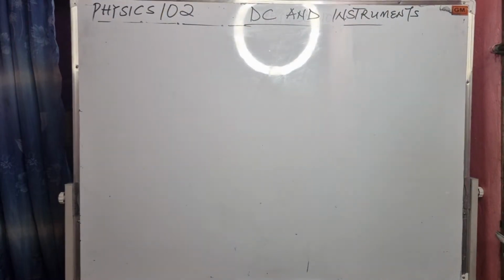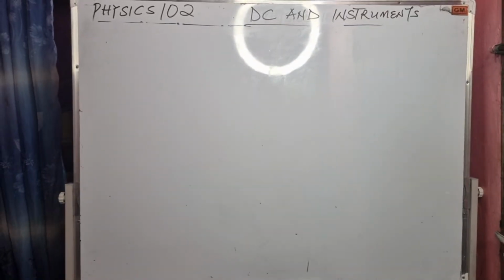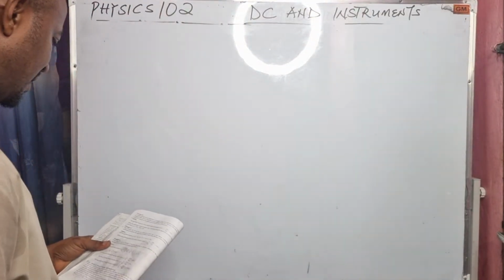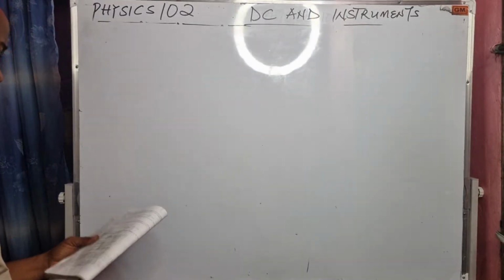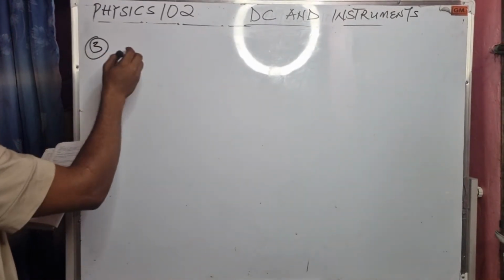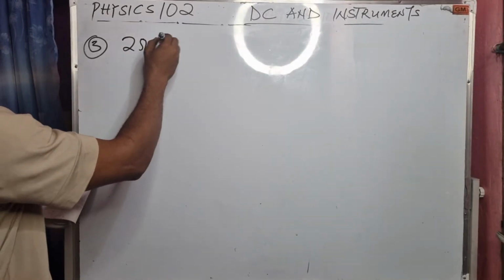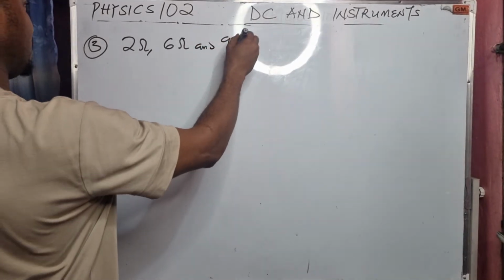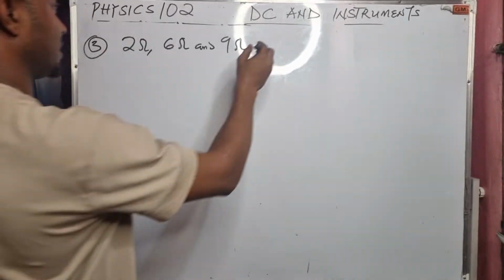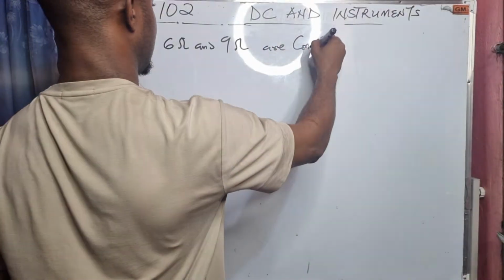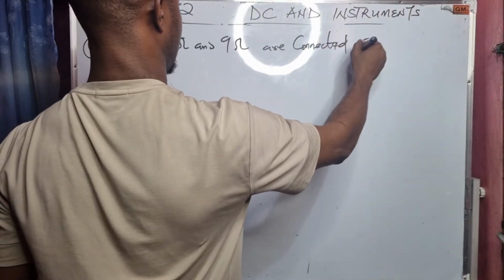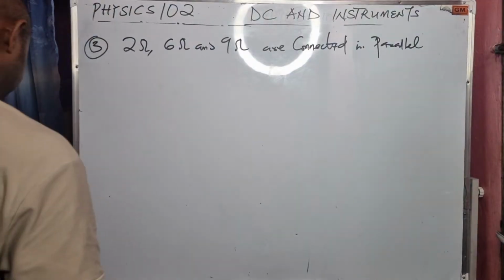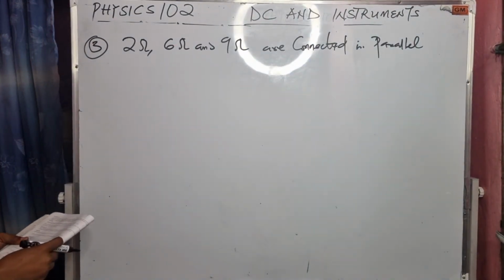All right. So the next question says that 3 resistors, which are 2 ohms, 6 ohms, and 9 ohms, are connected in parallel. And a 120-volt battery.